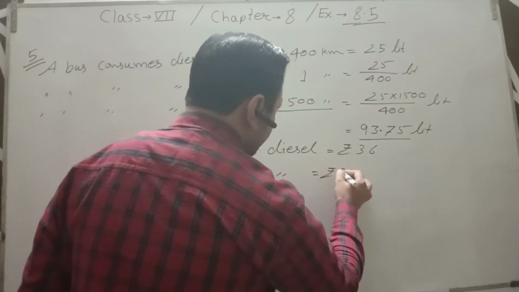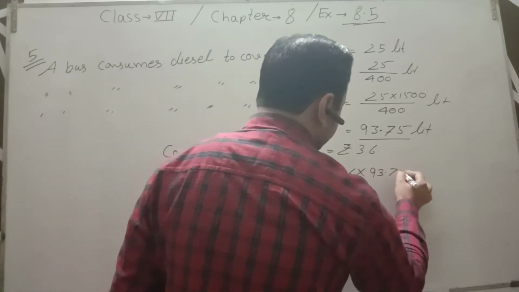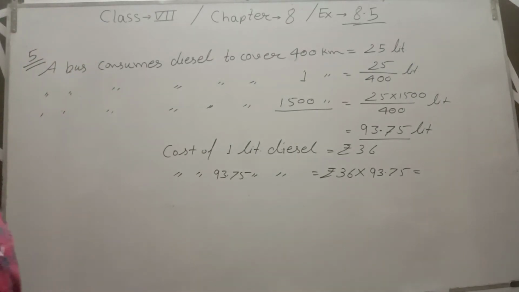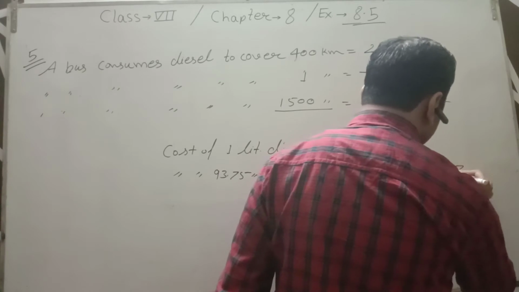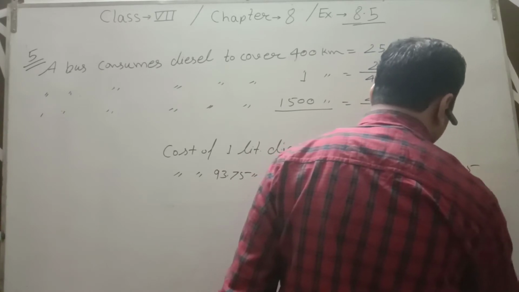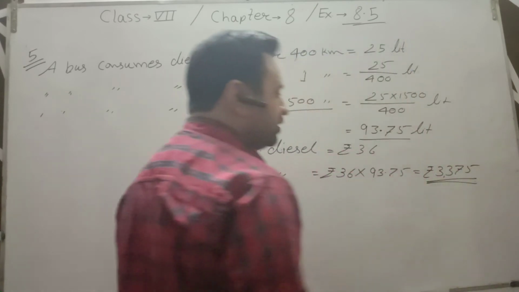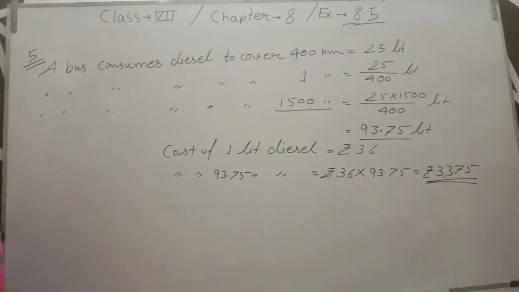So multiply ₹36 by 93.75, and the value we obtain is ₹3,375. So इतने रुपए का डीजल वो बस कंज्यूम करेगी टू कवर 1500 किलोमीटर. Just note down.